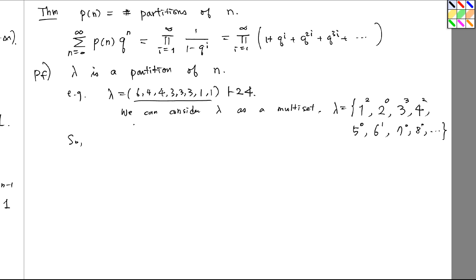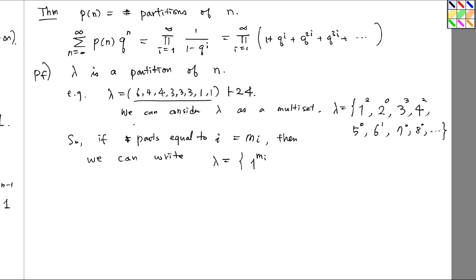So if the number of parts equal to i equals m_i, then we can write lambda as 1 to the m_1, 2 to the m_2, etc. But what this means is that we can construct such a partition from the right hand side of this generating function.